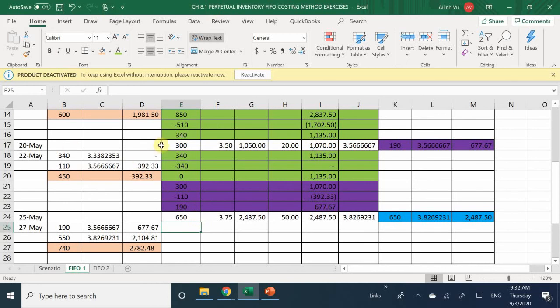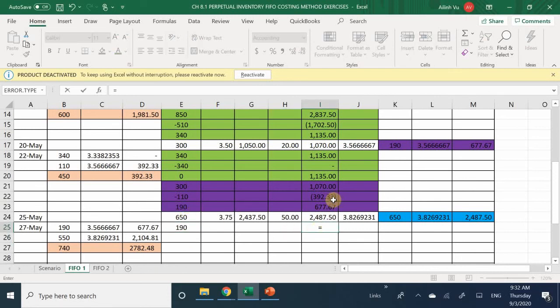So in this case, we are going to bring down our purple. So we know we have 190. And we're going to bring down the whole entire thing for 677.67. We're going to subtract our 190 just to show that we did our calculations and that we're actually physically getting rid of it.